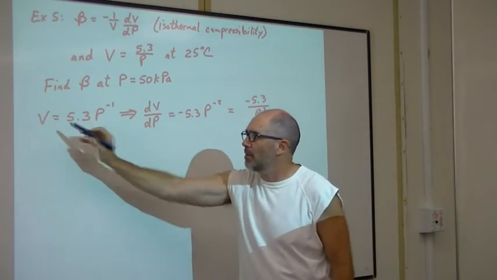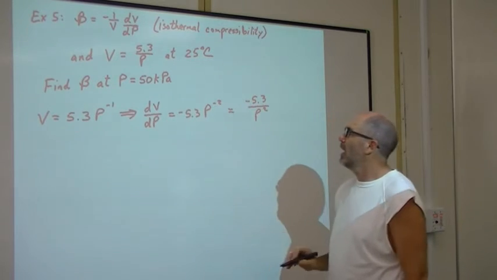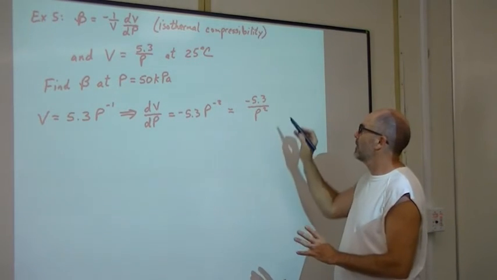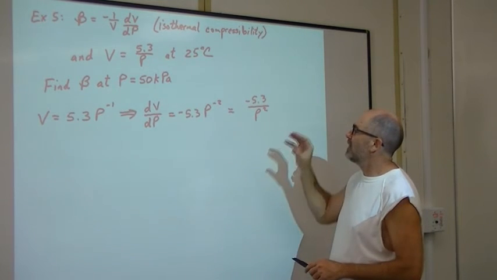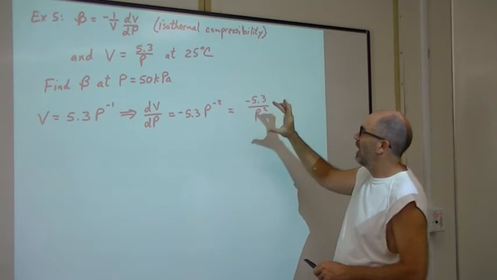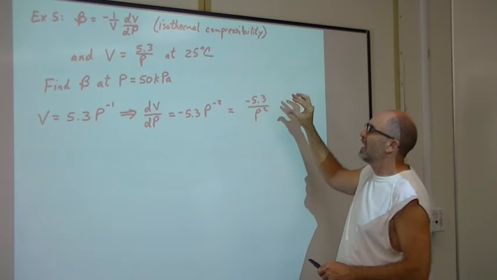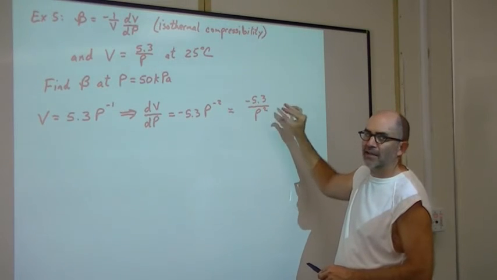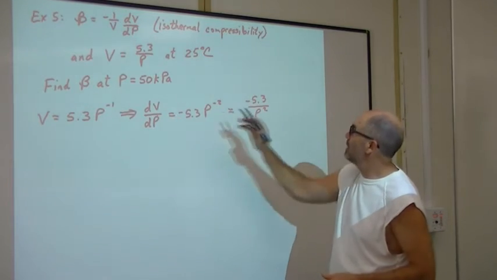The dV dP, the change in volume as pressure goes up, is negative. That means that the volume is going to be getting smaller as pressure goes up. Okay, so we found dV dP.